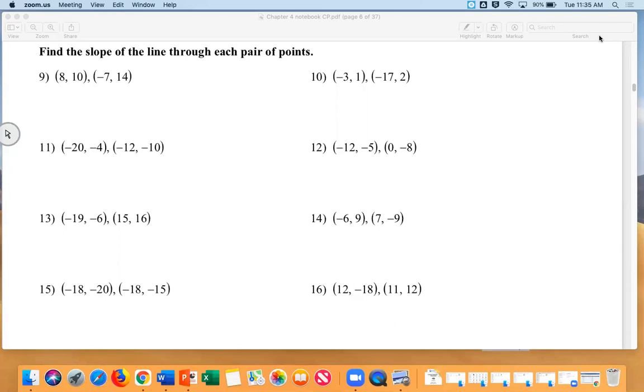But for every number you are off by, we're going to do every other. So if you're off by 2, we're going to do every 2. If you're off by 3, we're going to do every 3. Do you got that? 1 through 5. Hold on, let me think of my number.